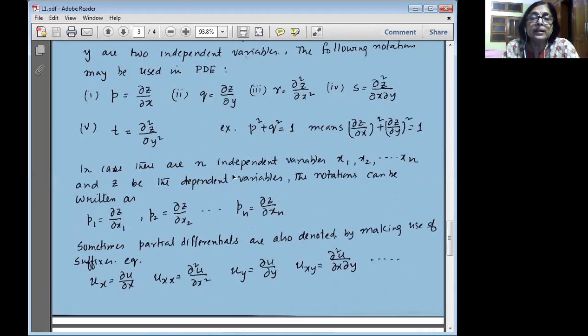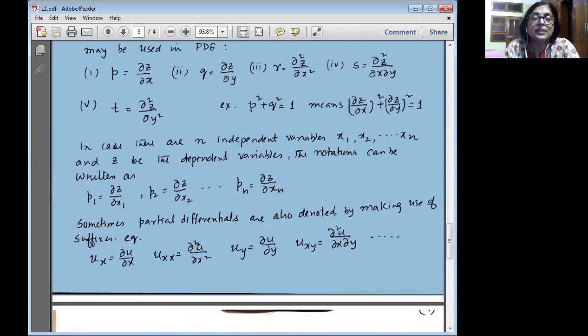In case there are n independent variables x1, x2 up to xn, we can use small p1, p2, p3 up to pn. There will be no q, r, s, t and so on, but p1 will be del z del x1, p2 will be del z del x2 and so on. Sometimes you will also use suffixes to represent partial derivatives.